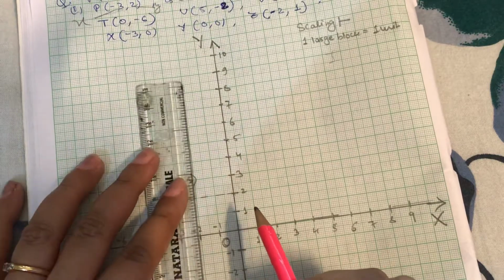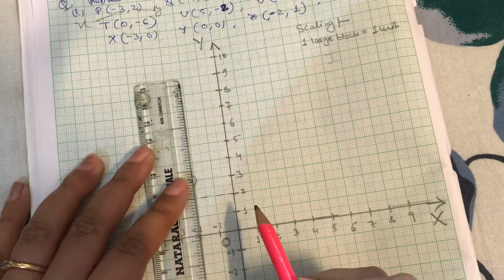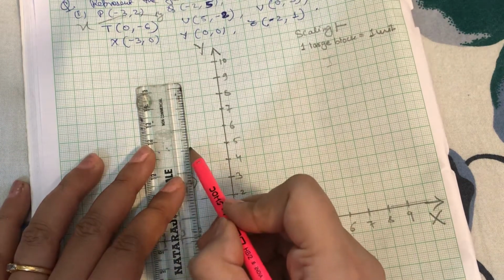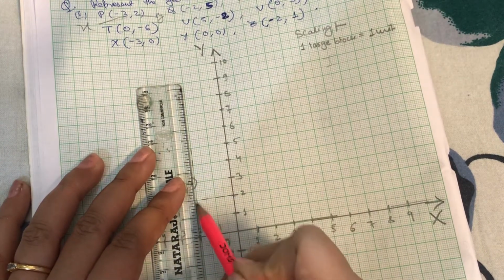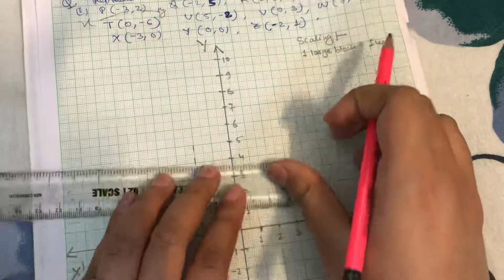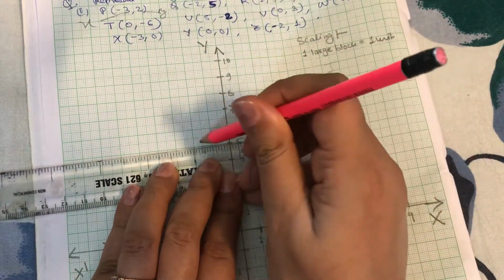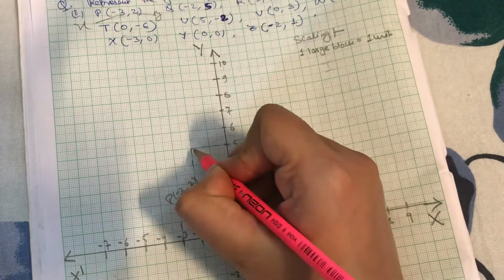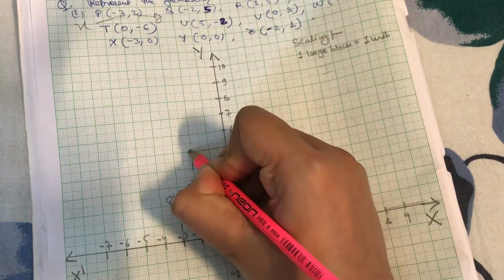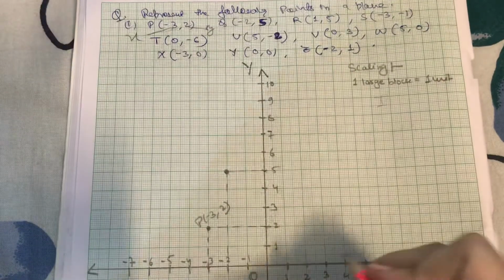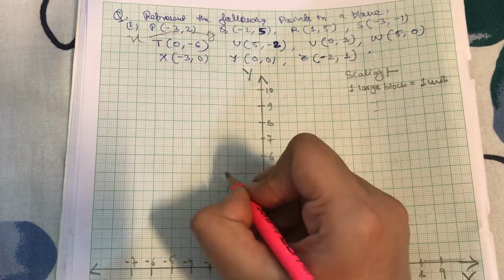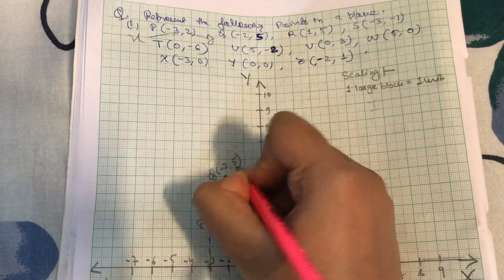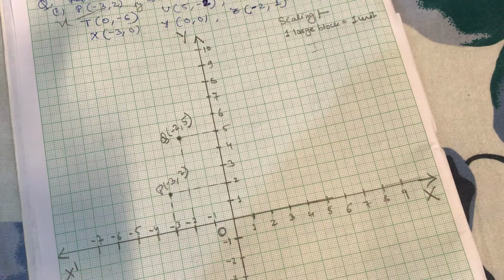So I'll just join it using a dotted line. So this I'll represent using a dot, and I'll just write the coordinates over here. This is the right way to represent any point using coordinates. So this is my Q.